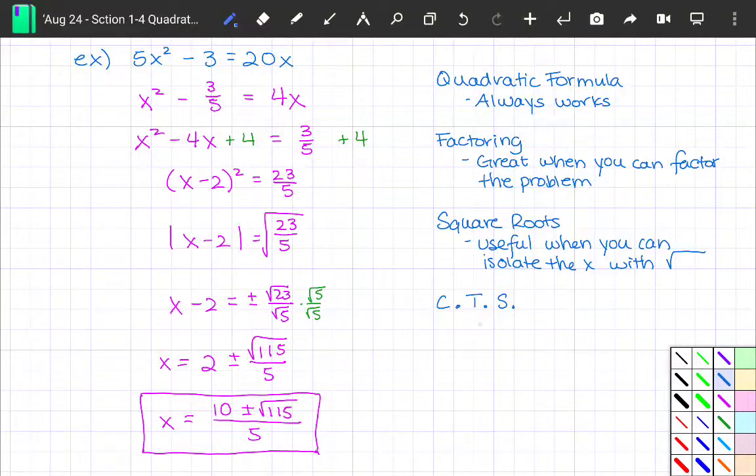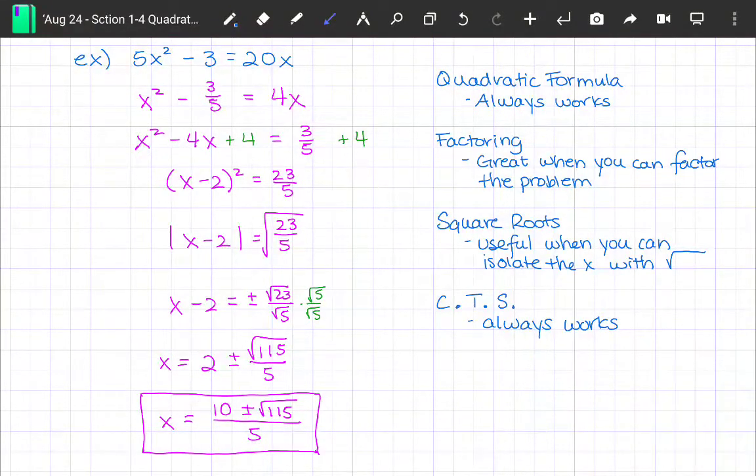Completing the square always works. It's like the quadratic formula. Every quadratic equation can always be solved by completing the square. But when a doesn't equal 1, you've got to factor it out, which could introduce fractions. And if b wasn't even, when you take half of b, you can also run into issues with fractions.